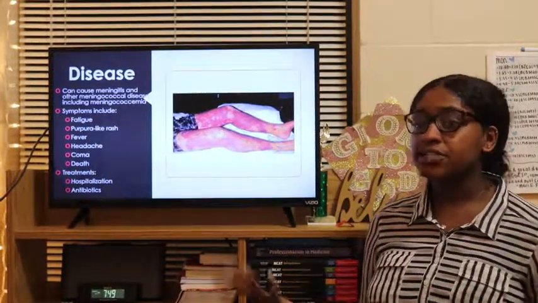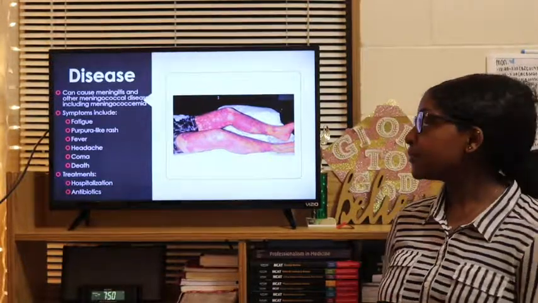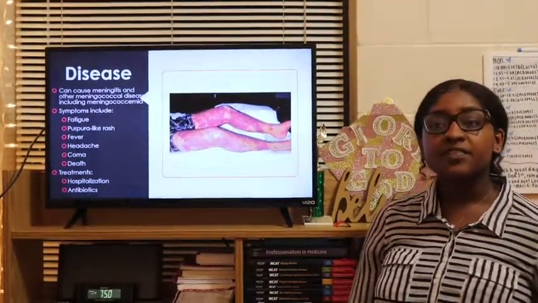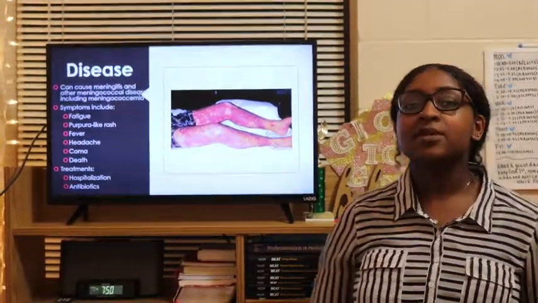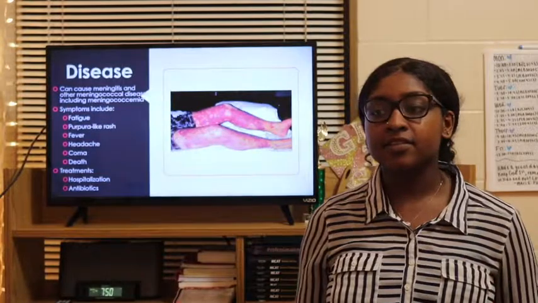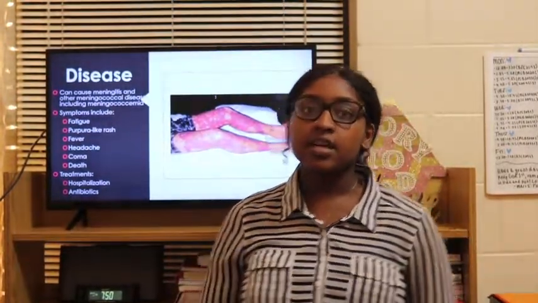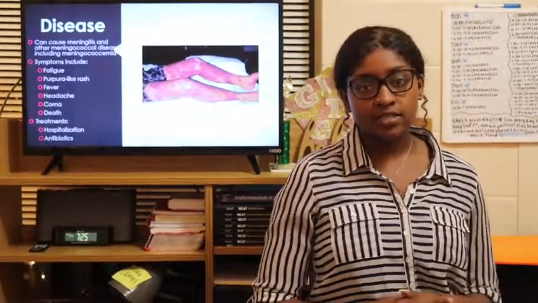Symptoms of the bacterial meningitis include fatigue, purpura-like rash, which is shown here in this image, fever, headache, coma, and in the most extreme cases, death. And treatments for this disease include hospitalization with antibiotics.